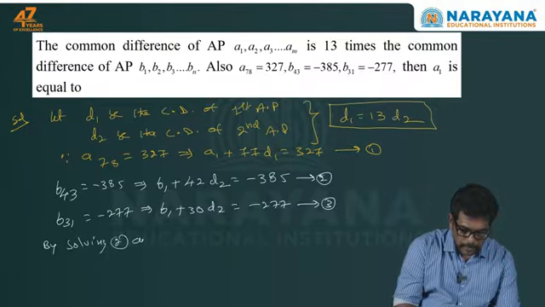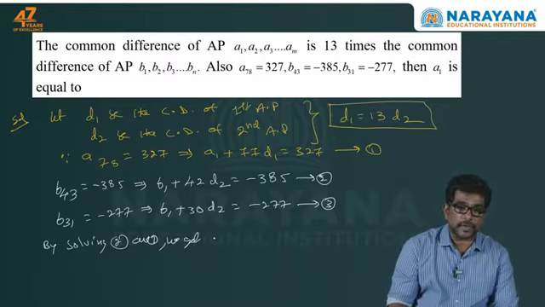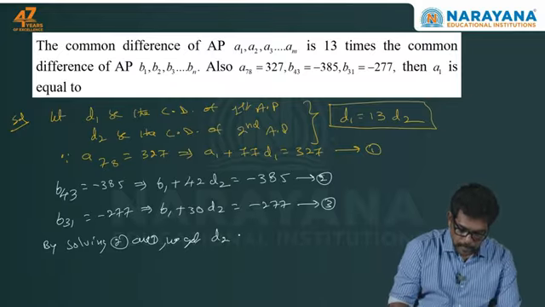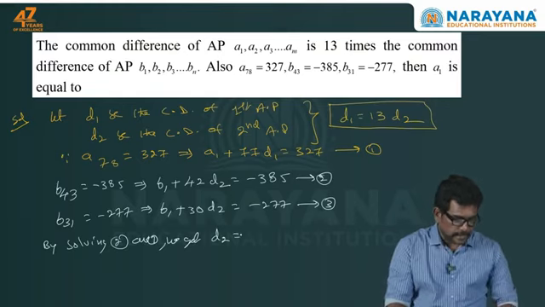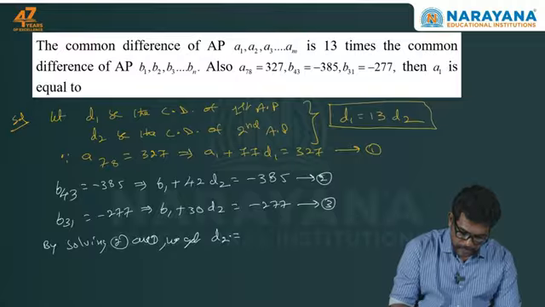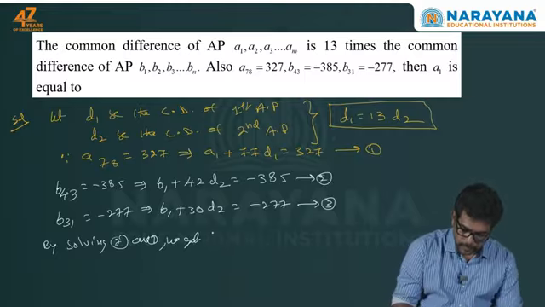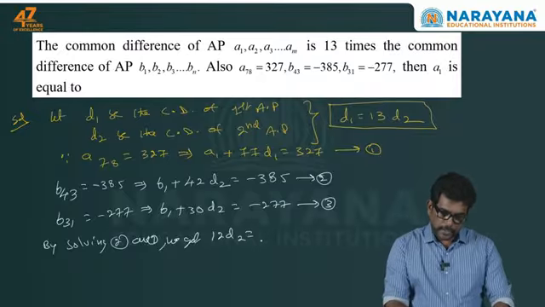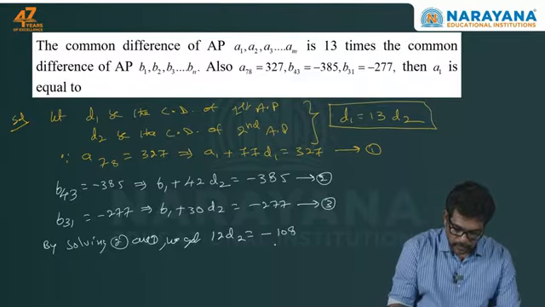By solving 2 and 3, we get D2 first. By subtracting the two equations, that is 42 minus 30, which is 12 D2. 12 D2 is equal to minus 385 plus 277, which is minus 108.